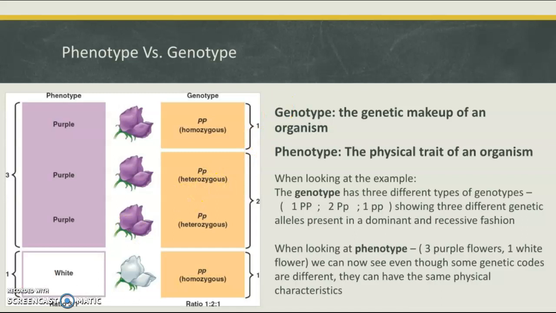I'm not going to get into it too much, but if you look at this example, out of all 4 of those options from the Punnett square, there's 1 capitalized P, 2 capitalized P, lowercase p, and then 1 lowercase p, which means that there are different genotypes present.